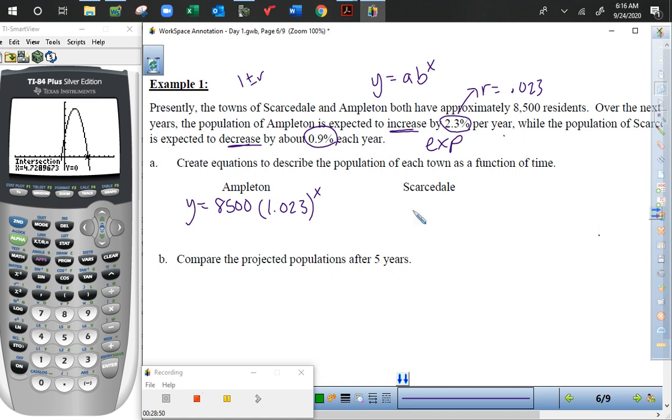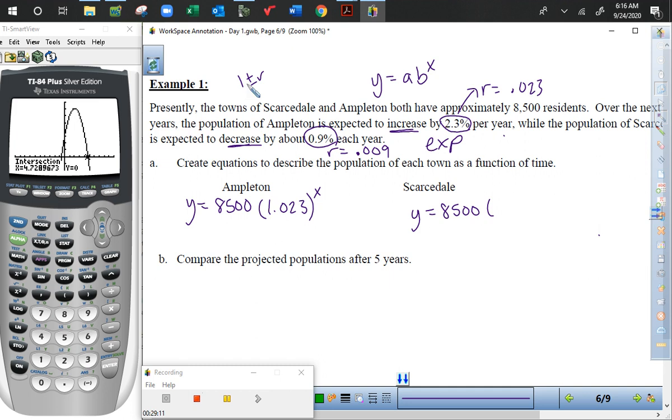Over here, Scarsdale will be very similar, 8,500 still, but this time it's decreasing by 0.9%. So our rate, if we move this over 2 places, looks like 0.009. But again, we have to subtract that from 1 since we're actually decreasing.